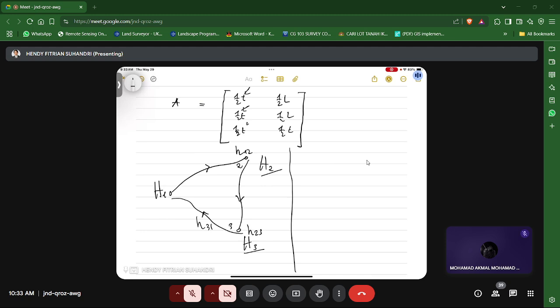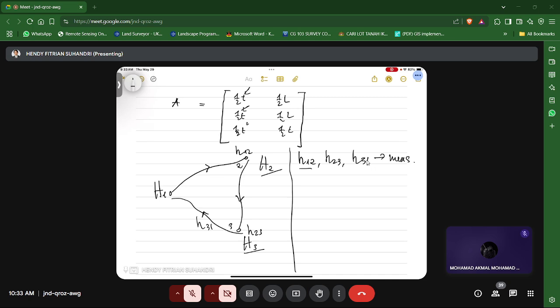The number of equations depends on the number of measurements, observations. So if we have the observations or measurements H12, H23, and H31, these 3 measurements would express each equation.